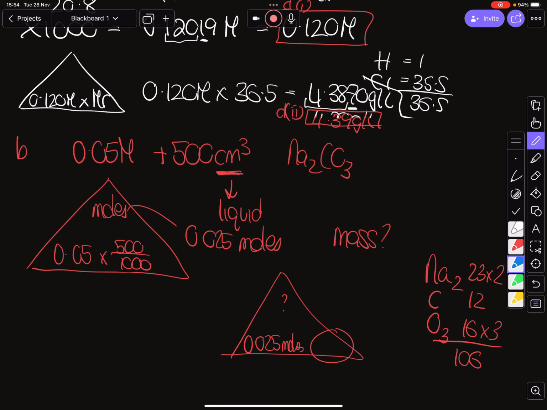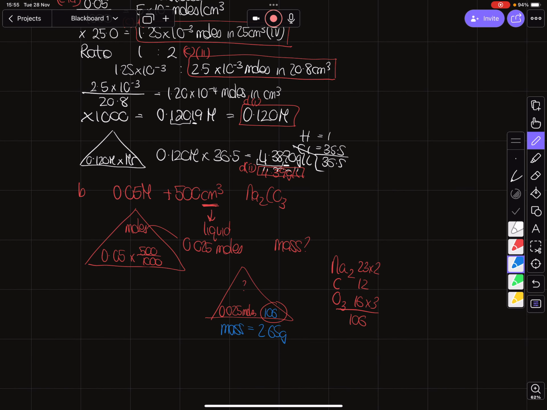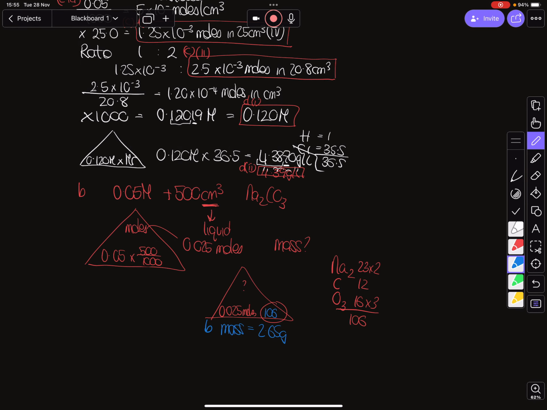So I'm going to multiply my 0.025 by 106. And when I have done that, I get 2.65 grams. So this then becomes the answer to 1B. Okay, if you need to annotate.